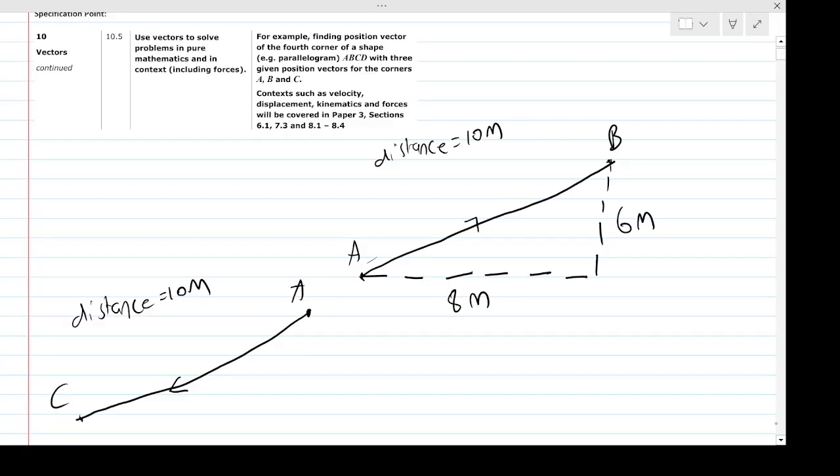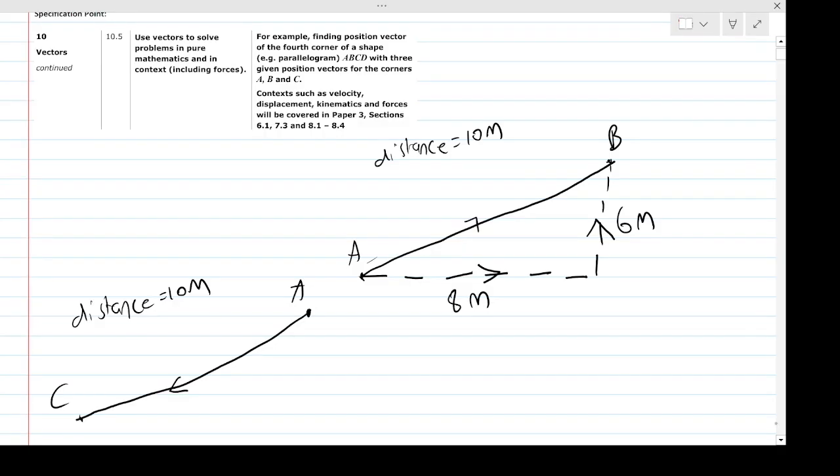So they walked 8 meters and 6 meters, and overall, if you did Pythagoras, you would get 10. Okay, so this is fine. If we split it up, they walked forward by 8 meters and then upwards by 6. Now we're starting to get somewhere because we're starting to include this notion of direction, so forwards and upwards.